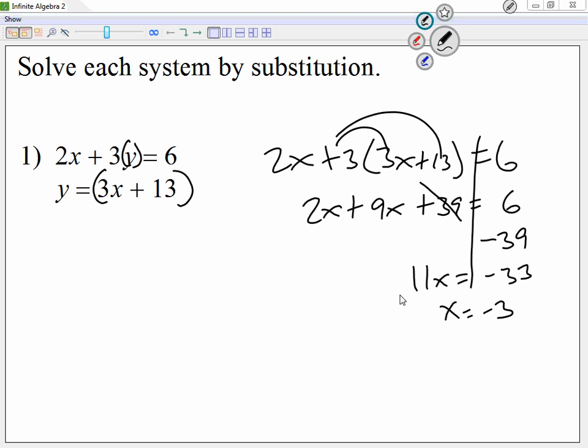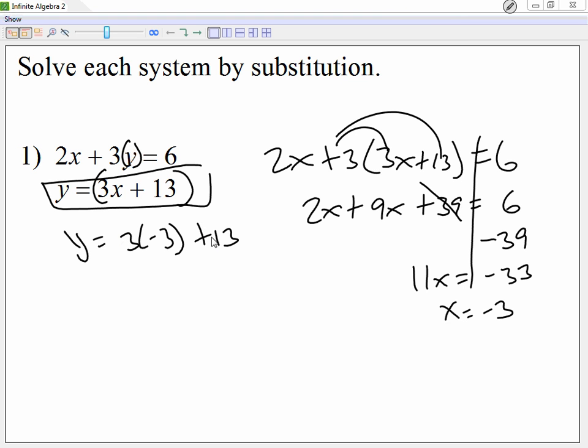Now for us to solve for y, let me use this equation. Instead of x, I'm going to write negative 3, because I know what x is. So let me rewrite that as y equals 3 times negative 3 plus 13. So that's negative 9 plus 13. We can agree y is equal to 4.